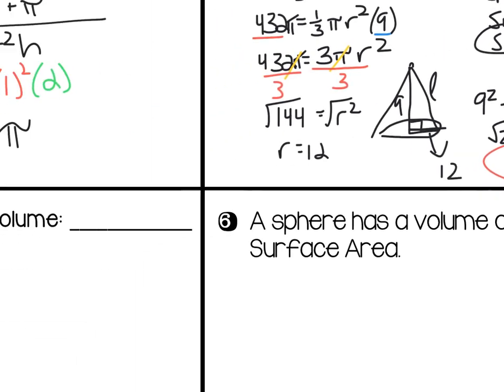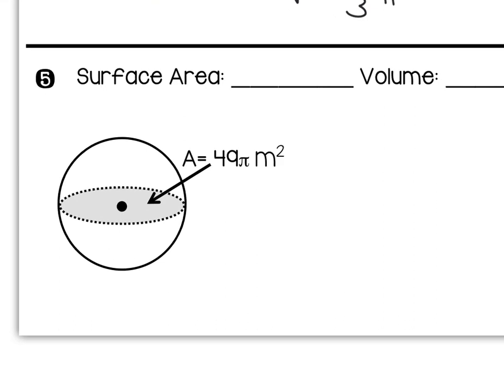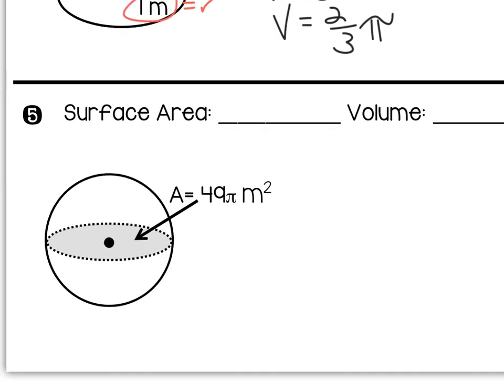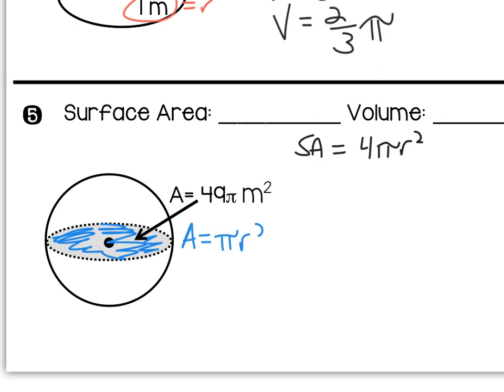And my last figure we're going to talk about is the sphere. Once again, the first problem asks us for surface area and volume. So my surface area formula for a sphere is 4 pi r squared. So they don't give me my r, they give me that the area of this circle right here is 49 pi. What's the area formula for a circle? Pi r squared. So that means 49 pi equals pi r squared.